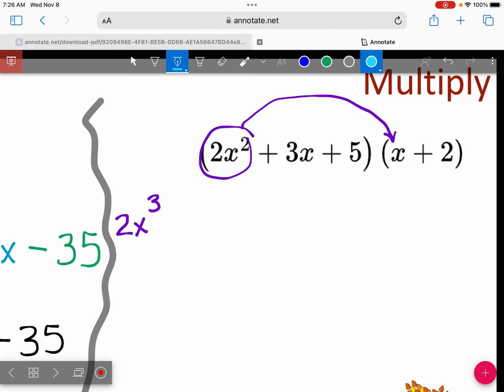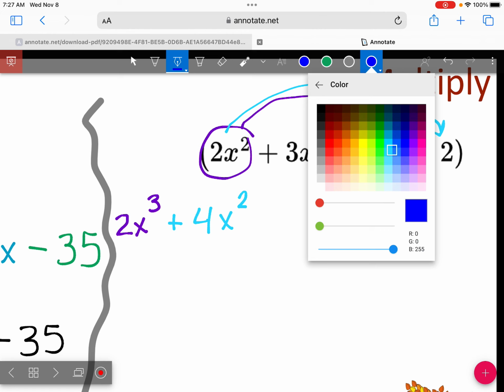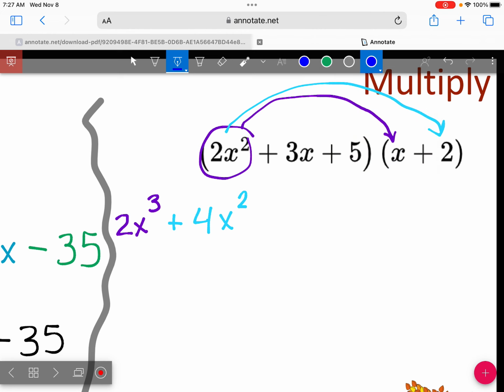Then we're going to take my 2x squared times the positive 2. That's going to give us 4x squared. Then I'm going to take my 3x. It's going to get a little crissy-crossy, so we're going to draw them as we go. So 3x times x gives us positive 3x squared.